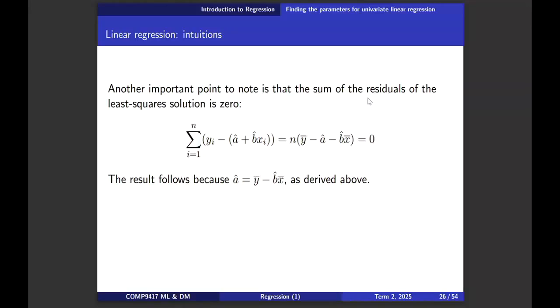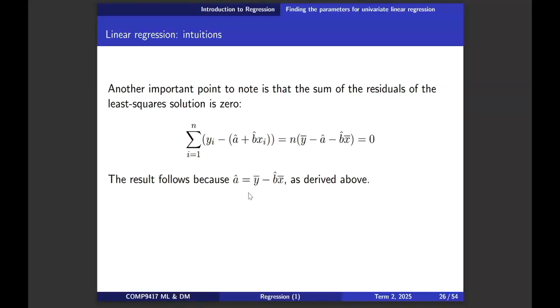The sum of the residuals, remember all these differences from the mean squared, that's this thing here, is going to be 0. And you can actually check this solution, and if you're not convinced, check that reasoning.